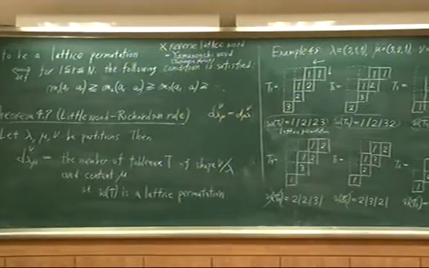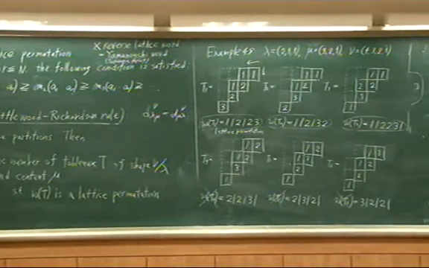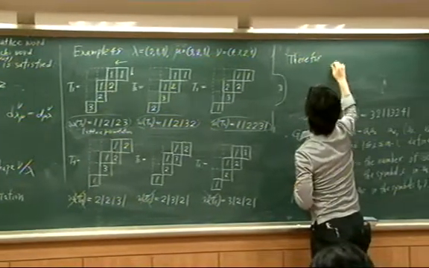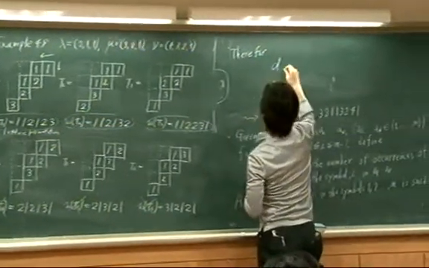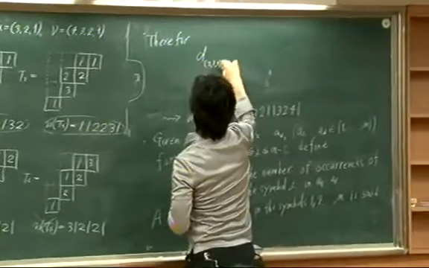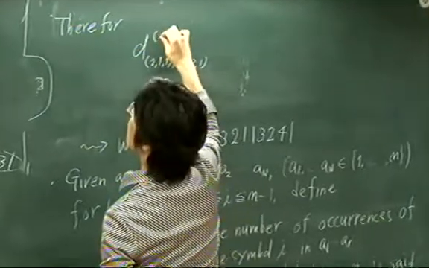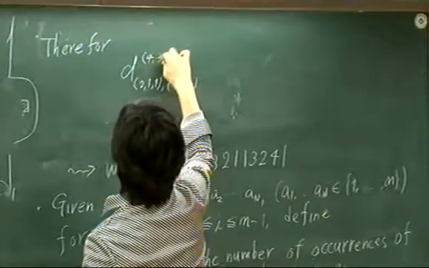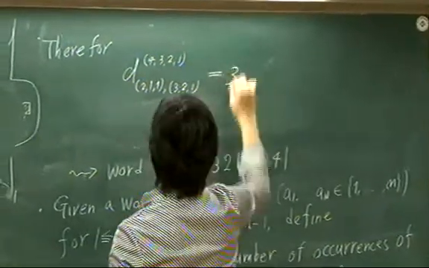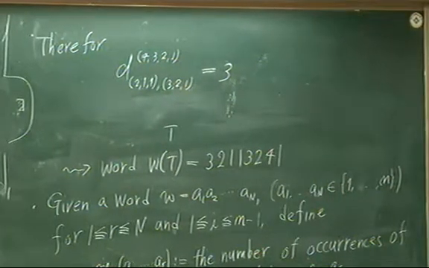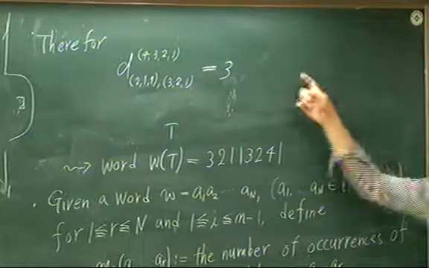Therefore the number d is 3. In this way, we can compute the LR coefficients.